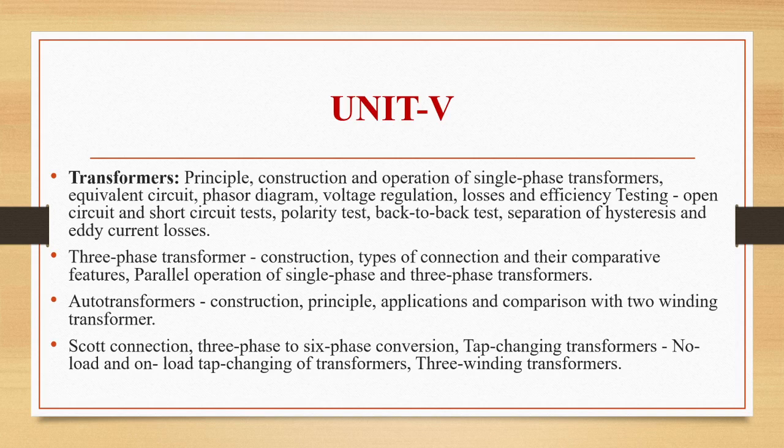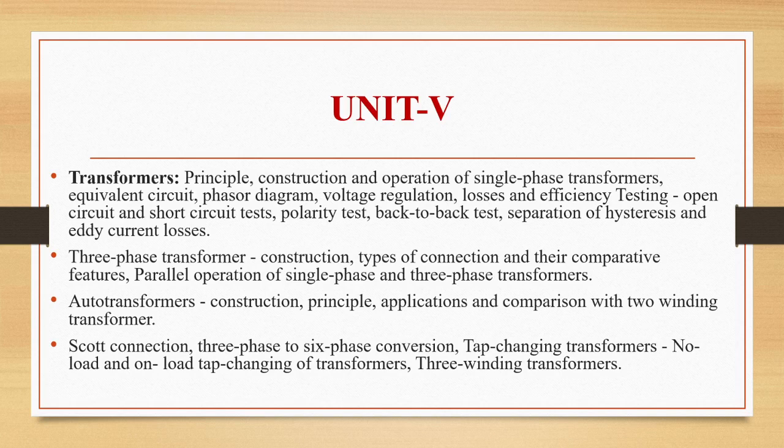We have seen ideal transformer on no load, ideal transformer on load, practical transformer on no load, practical transformer on load. We have seen various phasor diagrams or vector diagrams. Very important, students, all these are important points which I am telling here. Voltage regulation we have seen, losses and efficiency. Two types of losses are there, iron and copper losses.